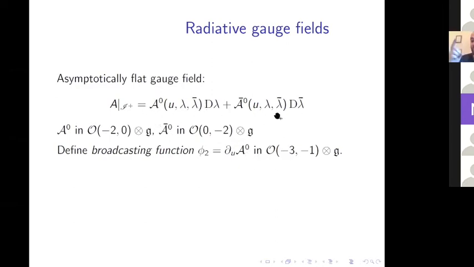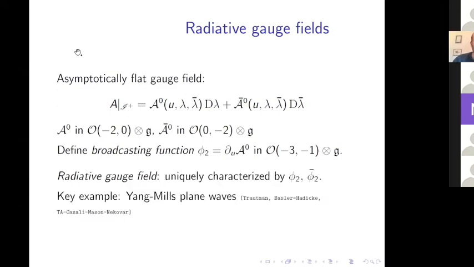So remember, u has weight 1, 1 under a projective rescaling. So if I take a derivative with respect to u, that needs to kick both weights down. So the holomorphic broadcasting function, if you like, has weight -3, -1, and is valued in the Lie algebra of the gauge group. And okay, so why am I telling you all about this?